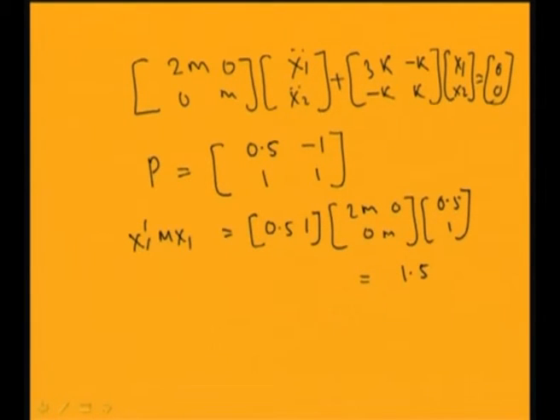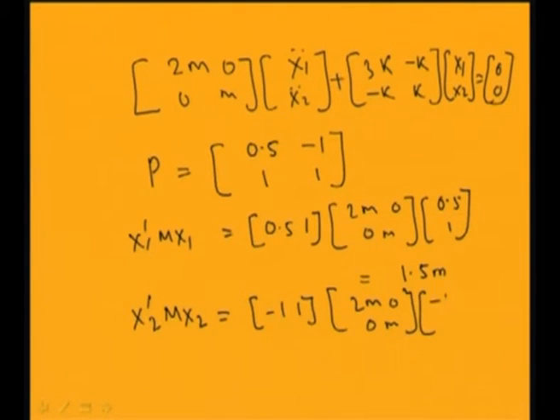So this is equal to 1.5 m. Similarly I can find the second, x2 dash M x2. So this becomes minus 1 1 into 2m 0 0 m into minus 1 1. So this becomes 3m.